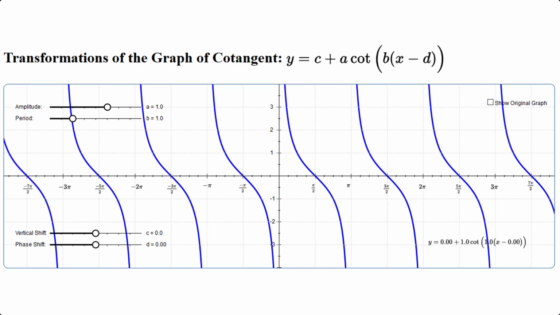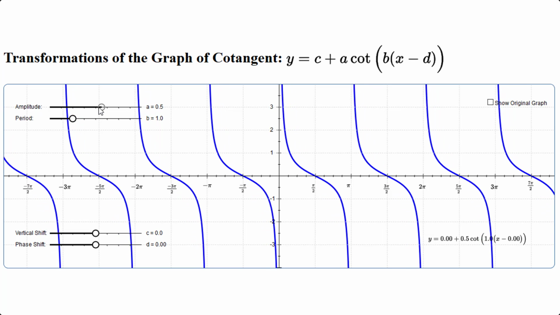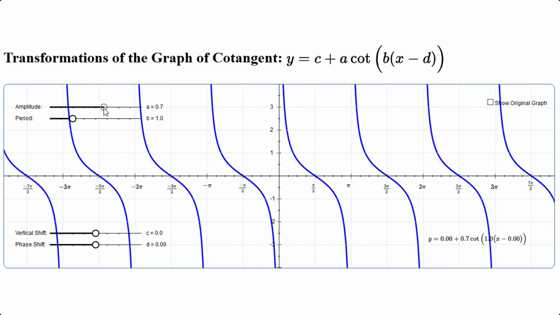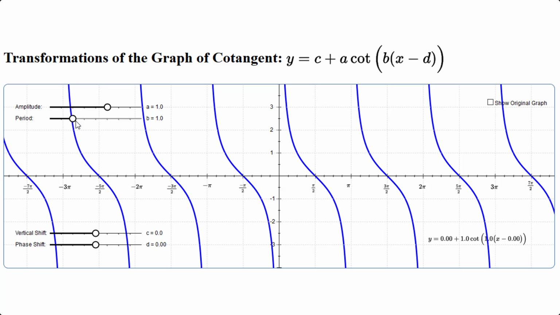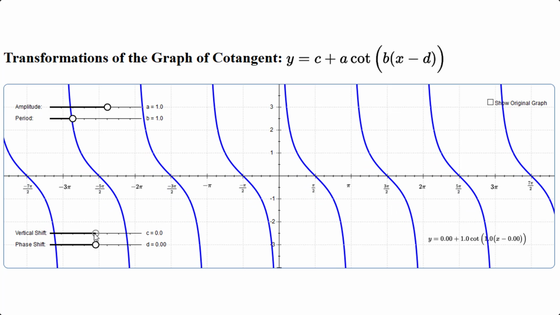So the changes here, again, amplitude is something you can see when you have the computer doing it, but if you were to draw this, it's really difficult to express. So generally we don't work with amplitude changes. The same is true about vertical shifts. They're kind of hard to draw.